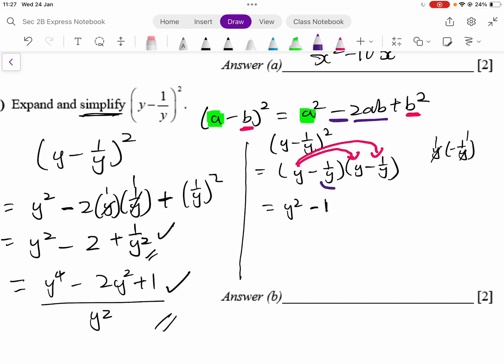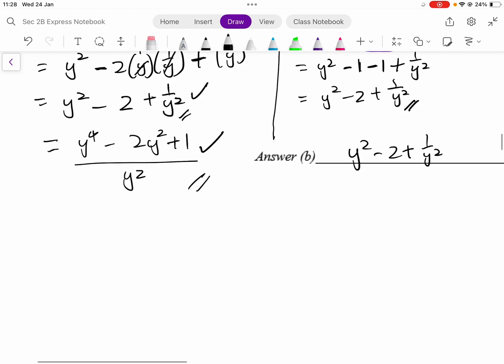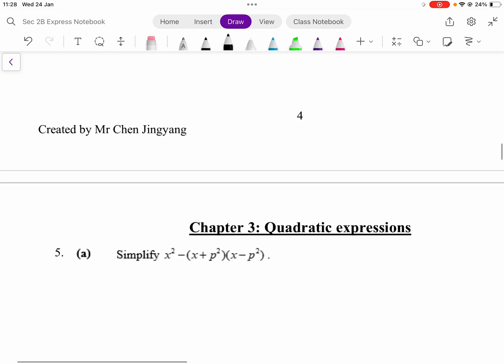Secondly, we do the same for the other one. Minus 1 over y times y gives me minus 1. Minus 1 over y times minus 1 over y is positive 1 over y squared. So y squared minus 2 plus 1 over y squared. Okay, so you get the same answer. Right? Okay, now moving on.